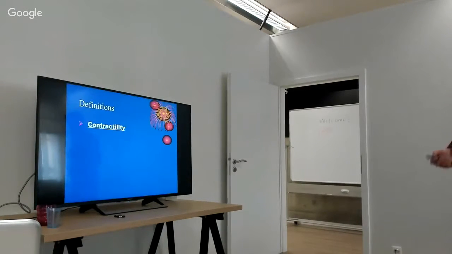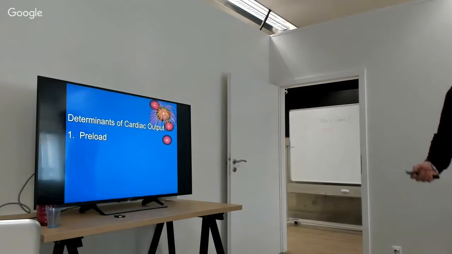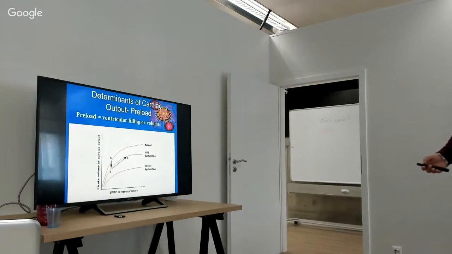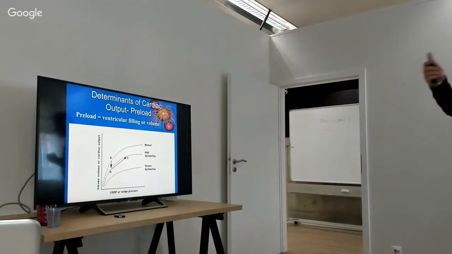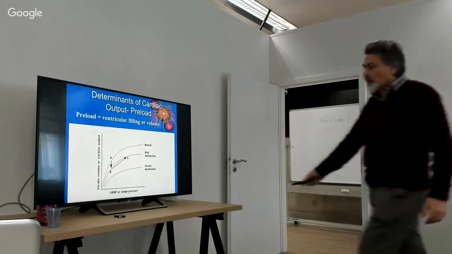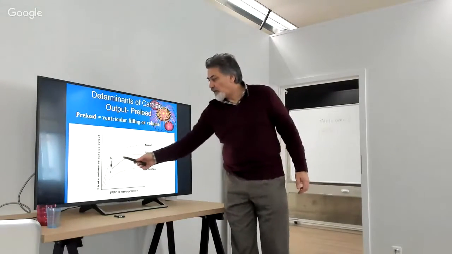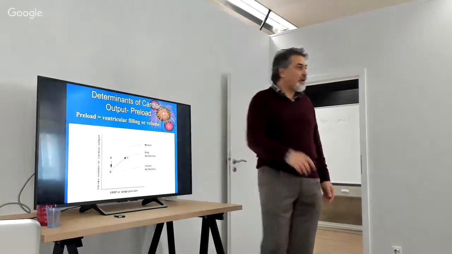And we have defined contractility as an intrinsic property that can change very quickly. We have seen this curve. One of these curves is called the Starling curve or systolic function. A family of curves is called the Sarnoff curve, because Sarnoff studied different contractilities. This is one contractility, this is a lower contractility, this is an even lower contractility.